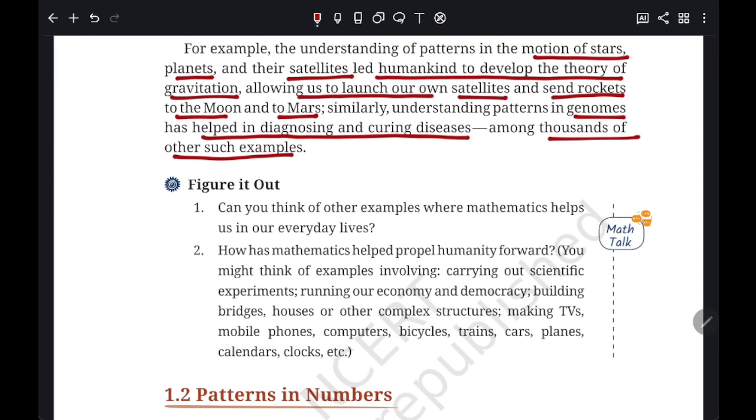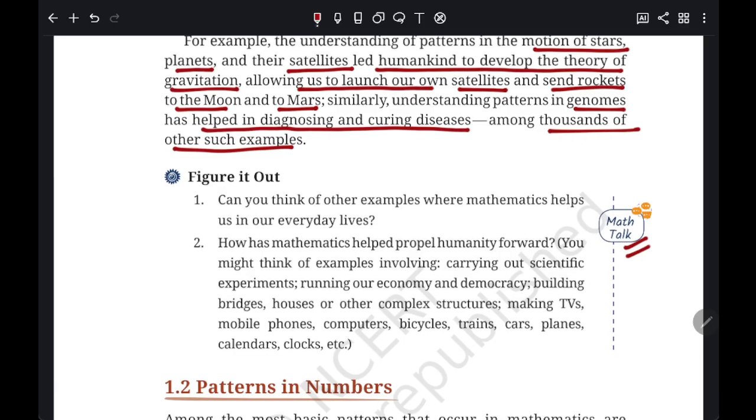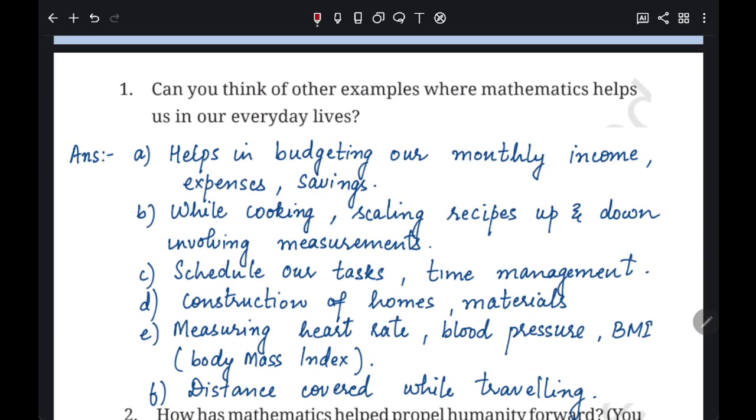Now let us do some math talk. And the first question is, can you think of other examples where mathematics helps us in our daily lives? So we have, you can see, budgeting our monthly income, घर में कितना पैसा आ रहा है, कितने expenses हैं, कितने savings हैं. It also helps in cooking, scaling recipes up and down involving measurements. खाना बनाना है, 4 लोगों का बनाना है, 5 लोगों का बनाना है, कितना measurement होना चाहिए, इसको scale up and down करना पड़ेगा.